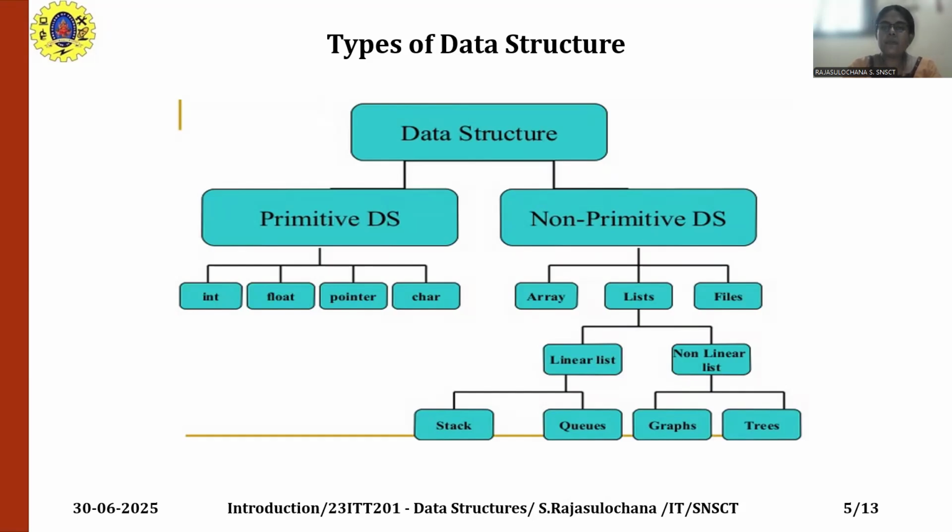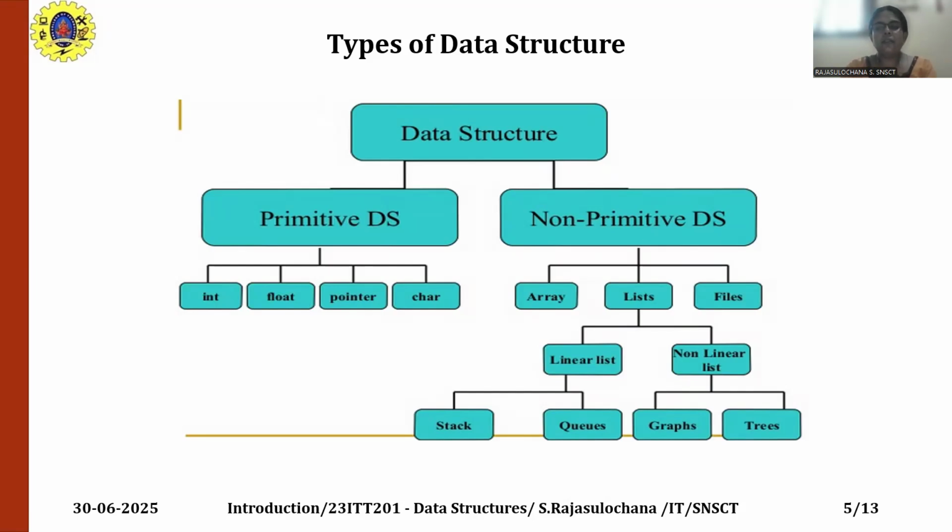Primitive data structures we would have studied when learning a programming paper like C programming. There are four primitive data structures: integer, float, character, and pointer. When it comes to non-primitive data structure, it is classified into three types: arrays, list, and files. Array, you would have studied earlier.